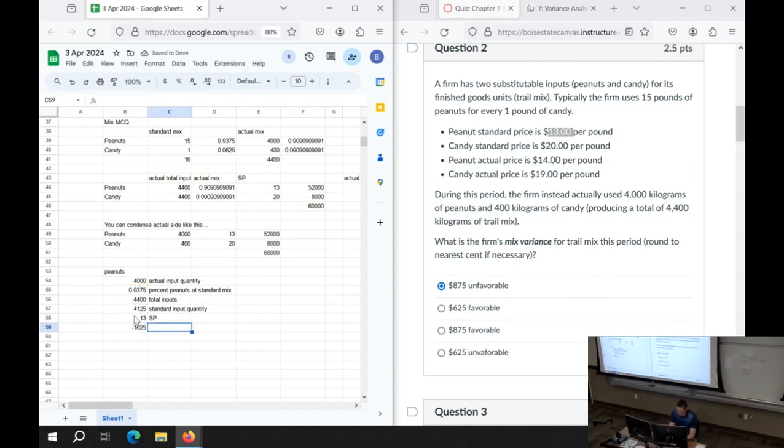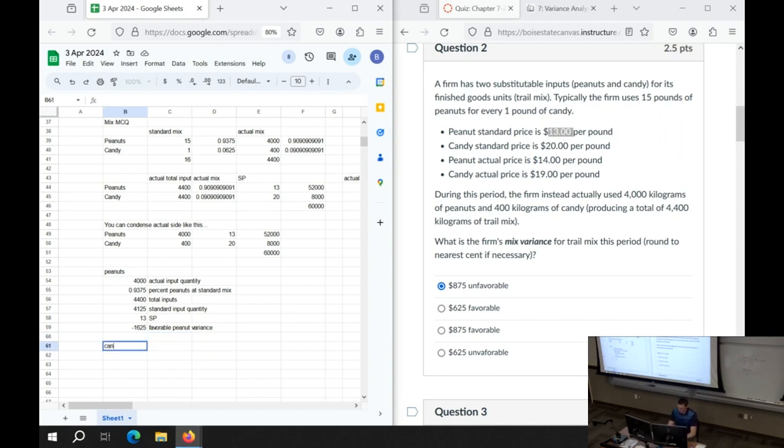So that is going to be a favorable subvariance. We saved some money by using fewer peanuts than we expected in our mix. We saved a little bit of money, but we're going to have wasted more money than that by using more candy than we expected.